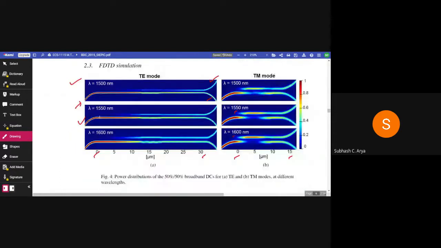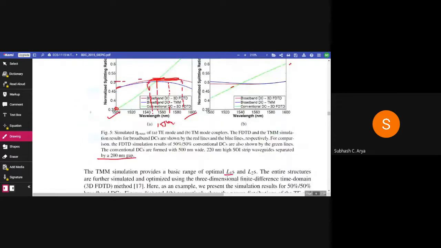And this is the MDDT simulation for different wavelengths, say 1500 nanometer, 1550 nanometer, 1600 nanometer.